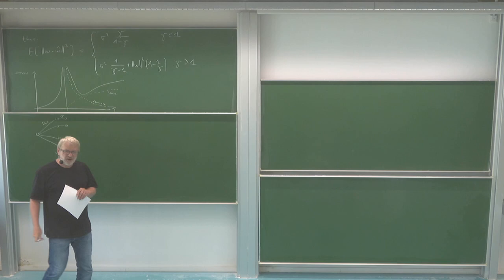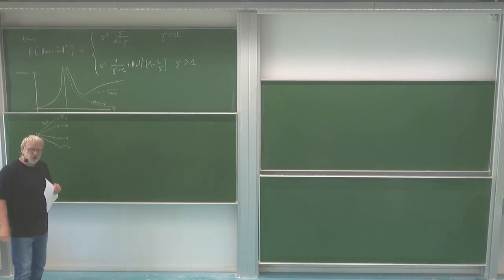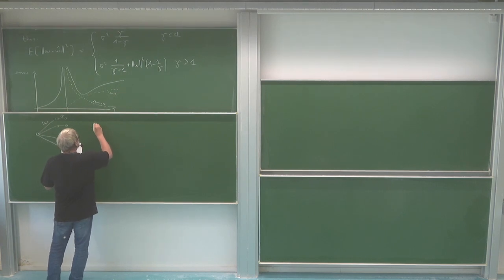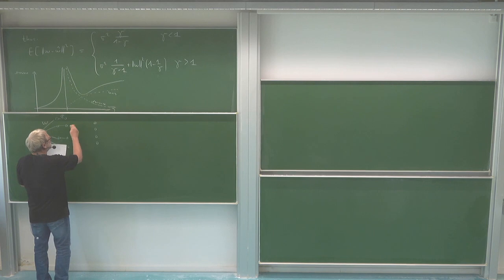Sigma before was my variance, but I hope it's clear from the context what I really mean. And then maybe I also had at least here one layer where I have a linear map W here.